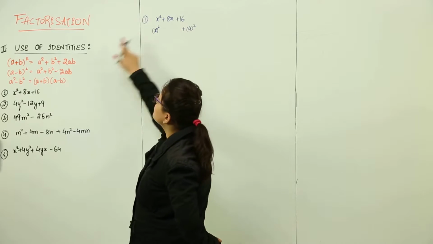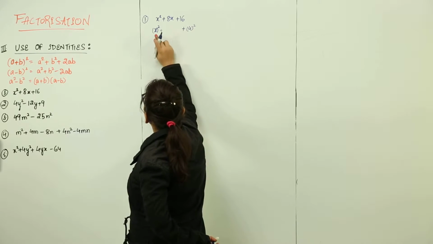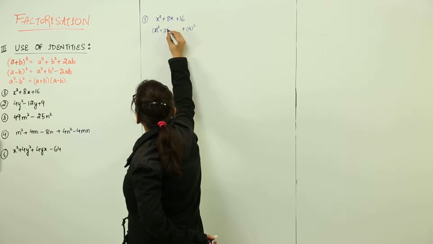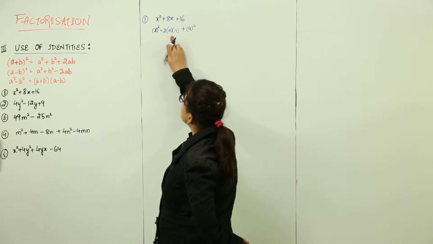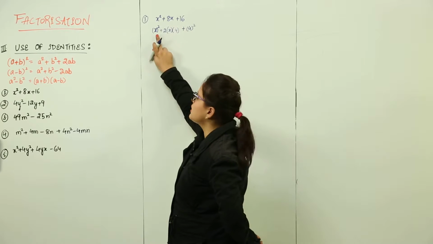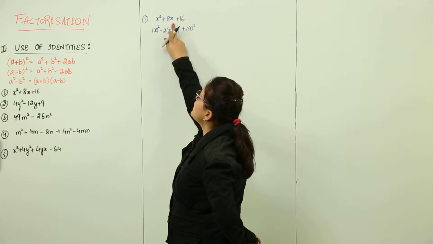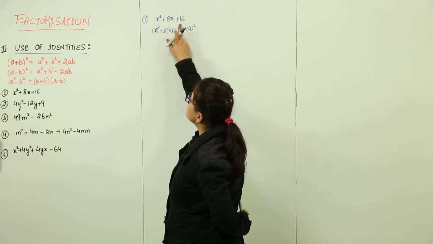That means it is similar to the first identity. So if this is a square and this is b square, this has to be 2 into a into b, right? Isn't this coming equal to this? Just check, x whole square will be x square, 2 into 4 into x will be 8x and 4 square will be 16. So isn't this similar to this?